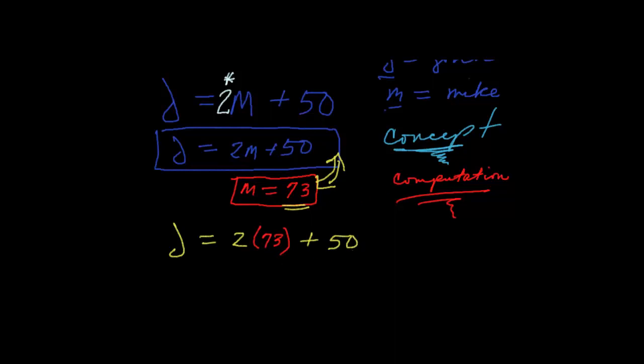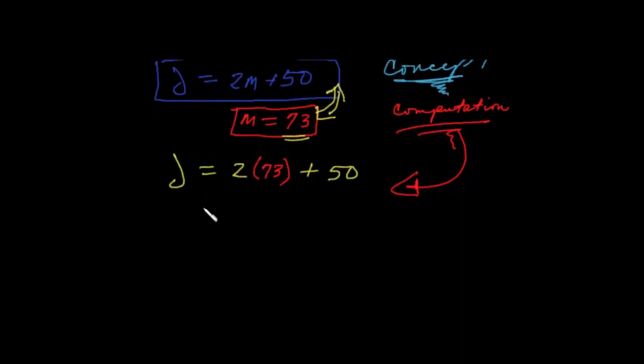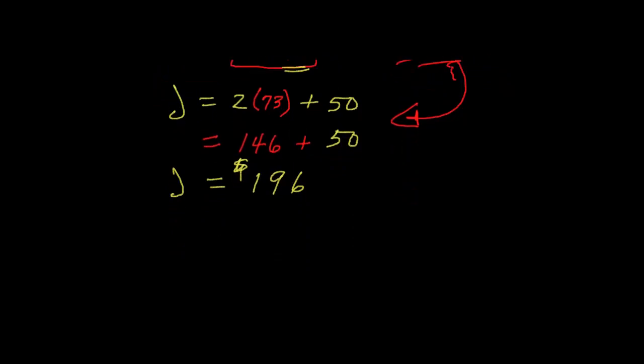And now, as we said, this computation, just finishing off the computation, doing the mathematics, the basic math that goes with it, we would have 2 times 73, which is 146, plus the 50, and our final answer, we can now say that John made $196 in his lawn mowing business over the course of the summer. And so that would be our answer as far as what John made in the business during the summer.